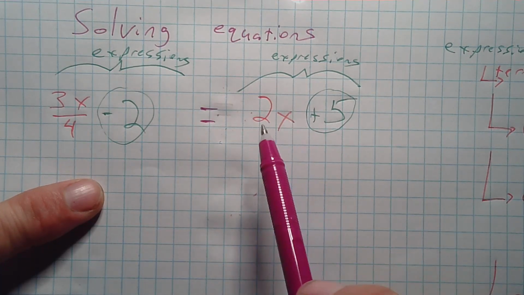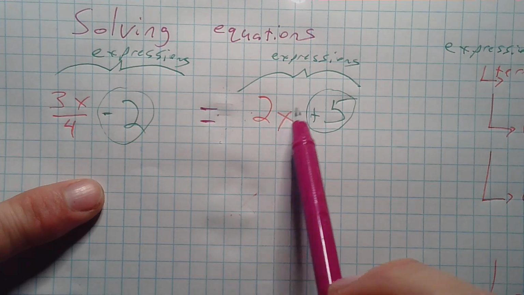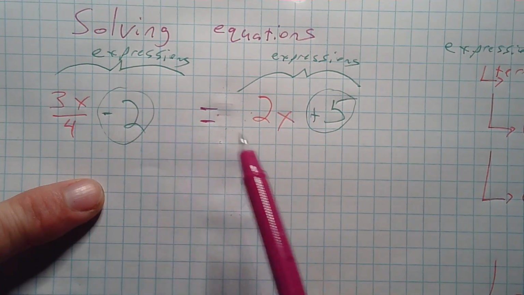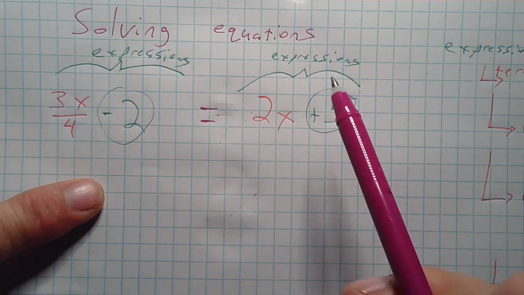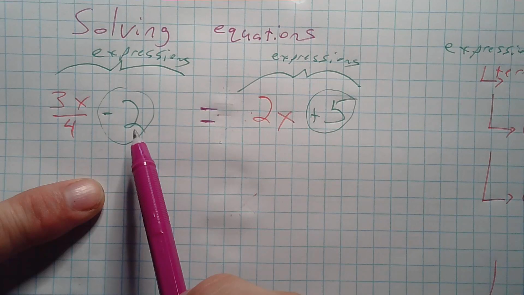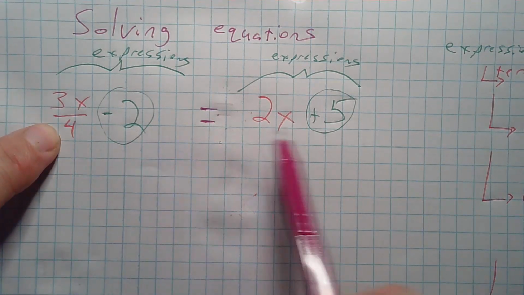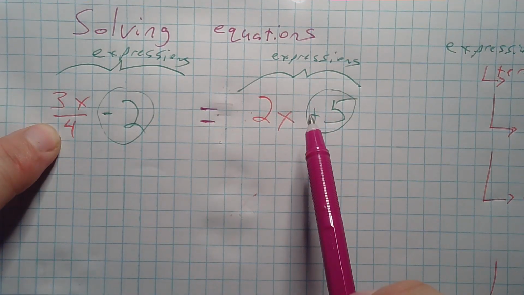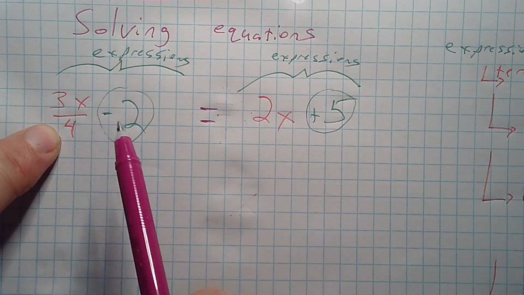I'm trying to solve for x, as long as I do it to the other side of the equation too, right? So first off, I'm going to try to get all of my constants on one side and my variables on the other side.